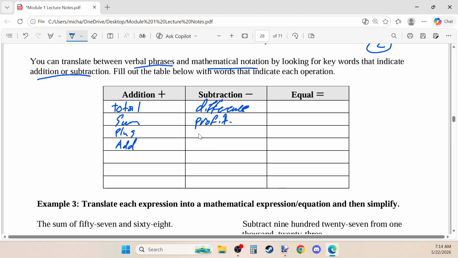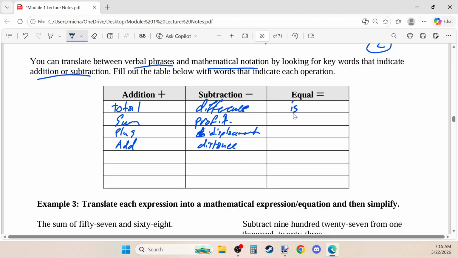You might say, gosh, what are other words that mean subtraction? We have maybe displacement, distance, things that you'd have to subtract, like how far apart are these numbers?